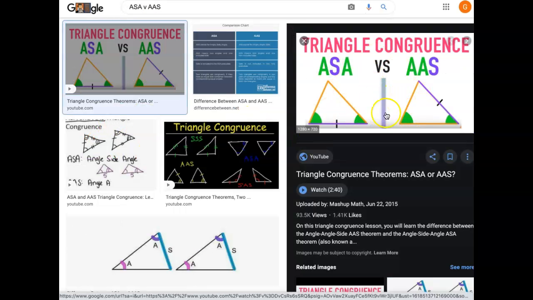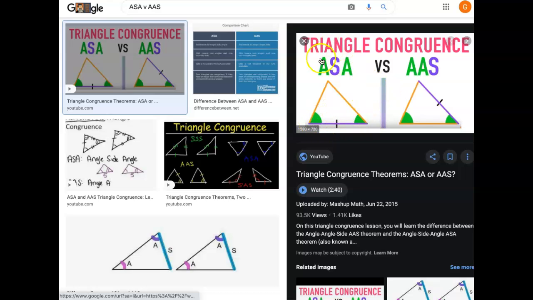So the next ones are angle-side-angle and angle-angle-side. And what you really want to know about all of them is kind of how they look. This is angle-side-angle, the one we're about to define. Notice how the S is between the two A's, aka the side is between the two angles.